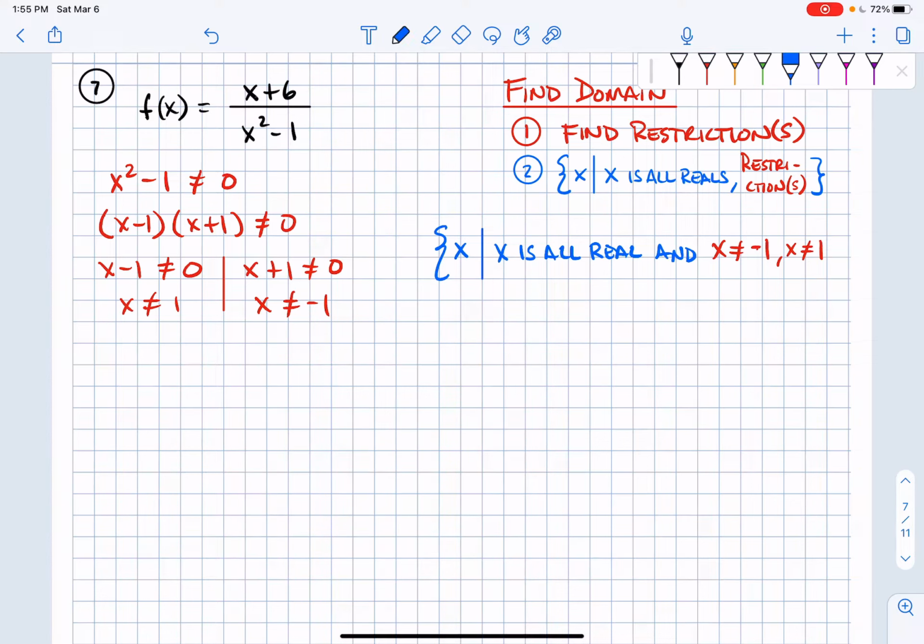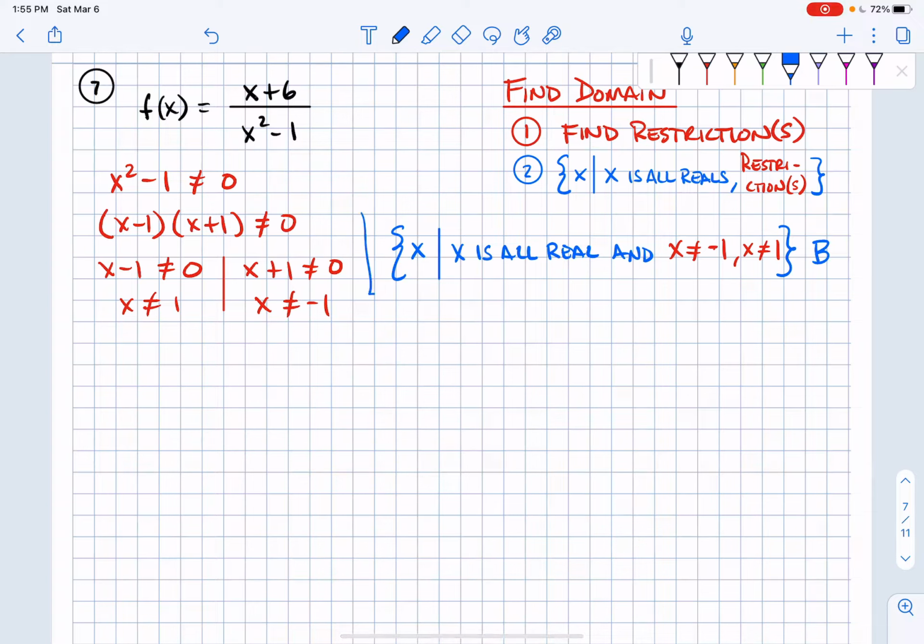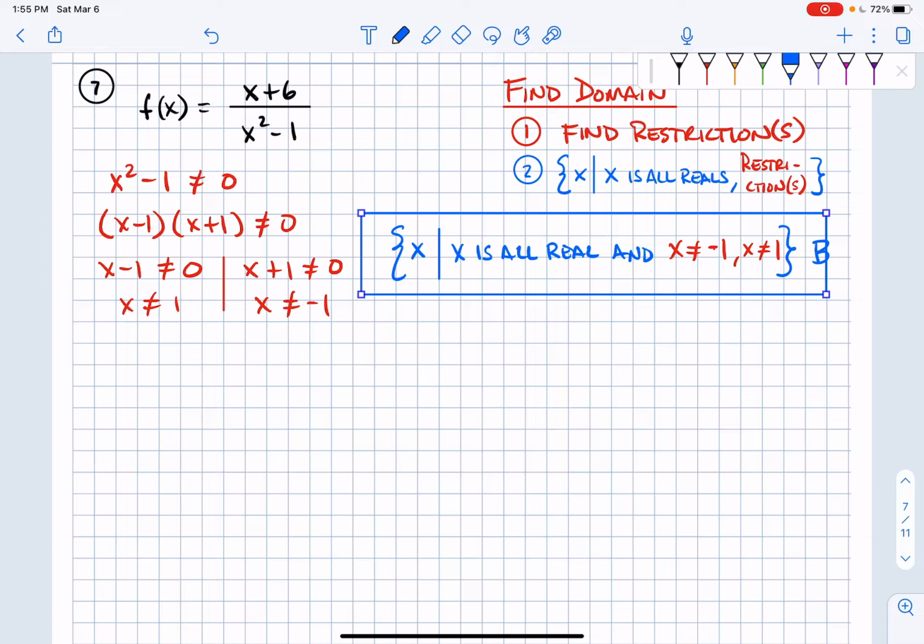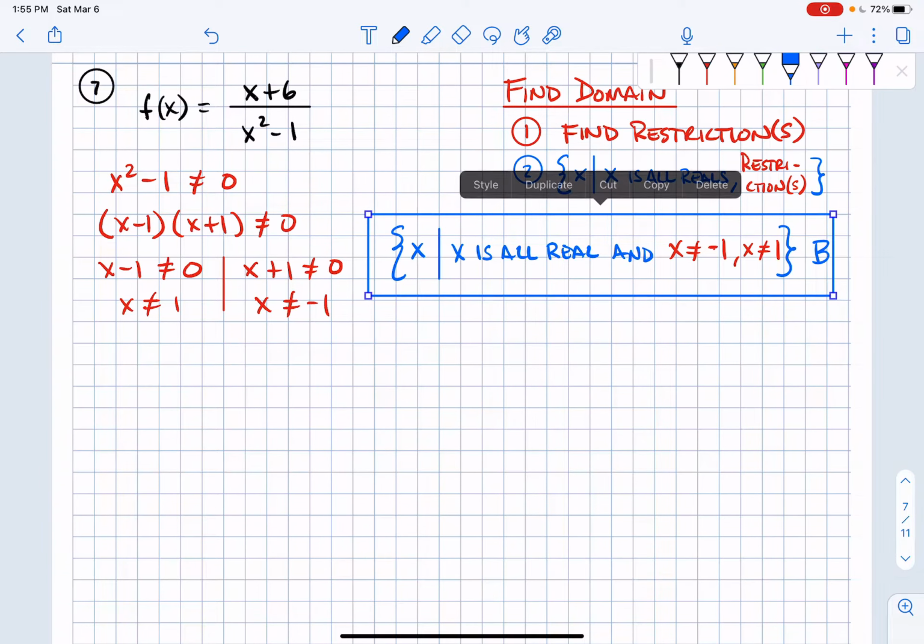That is a really bad bracket. There we go. So let me bring this back over a little bit because that is choice B. There we go. All right, so that's number 7.